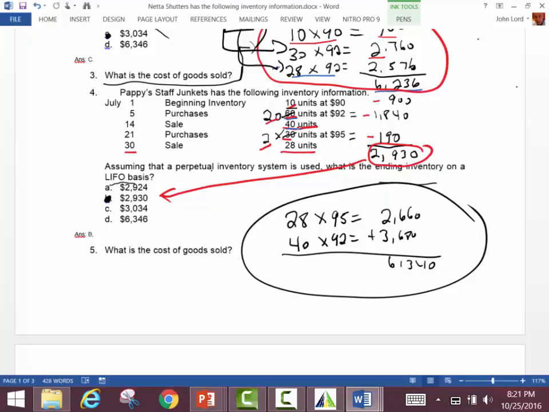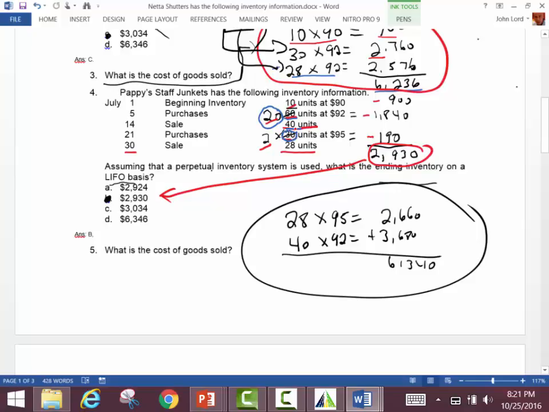Right? Since they sold 40 of those, that means there's only 20 of those left right now, right? Then they buy 30 more units.